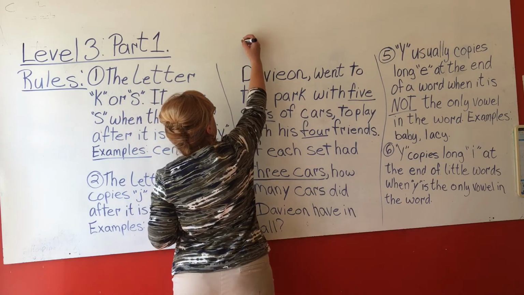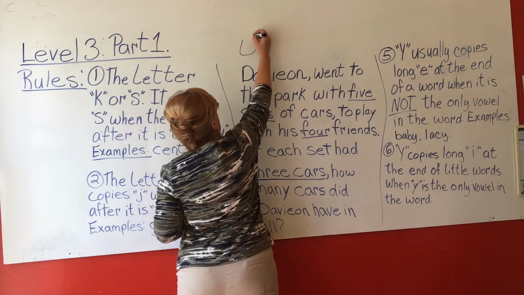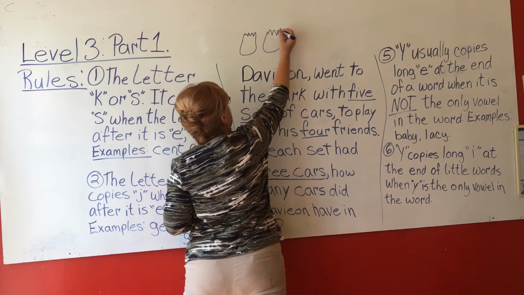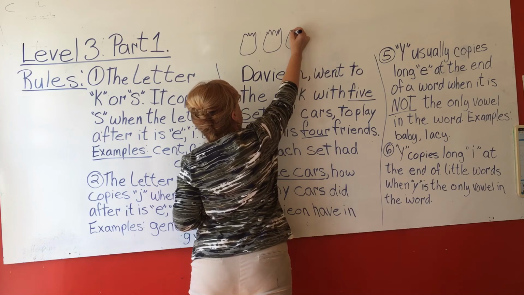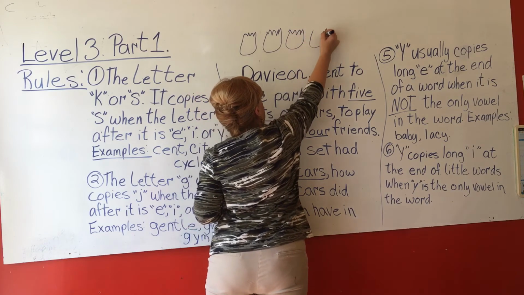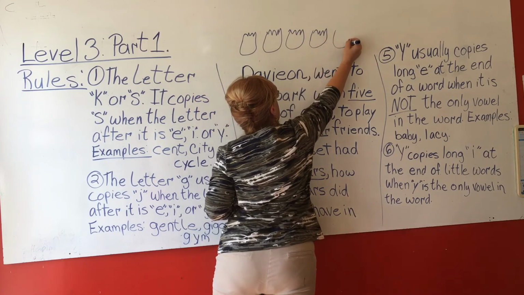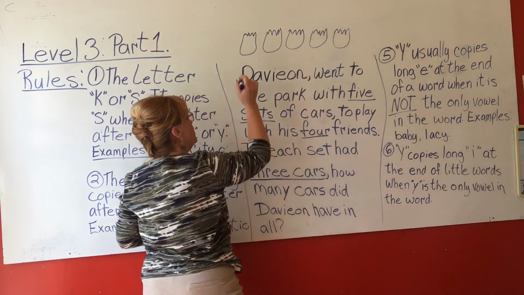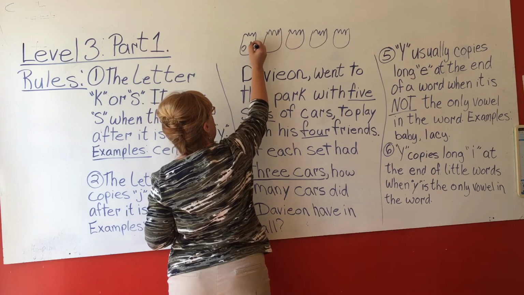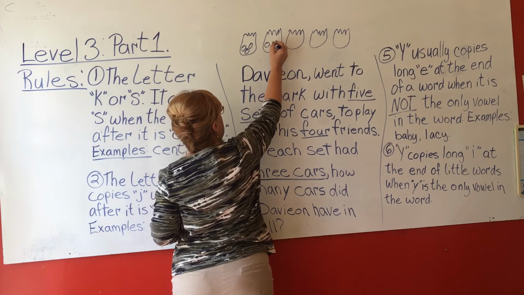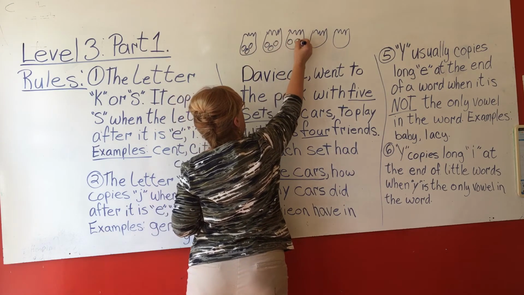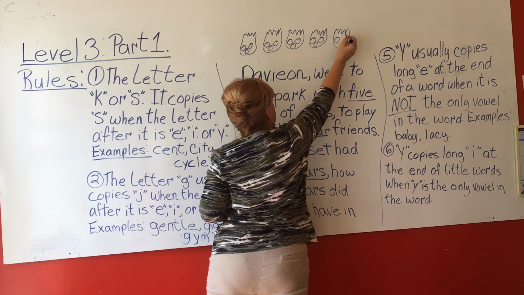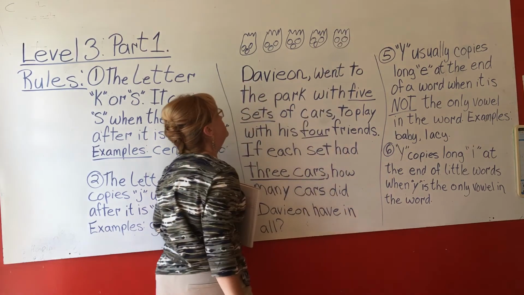So we have 5, let's say like bags with cars in them. 1, 2, 3, 4, 5. I'm not sure if you can see up here, but okay, so 5 sets, and they each have 3 cars each in them. Okay? We're going to do little circles for our cars. So we can just fit them in there.